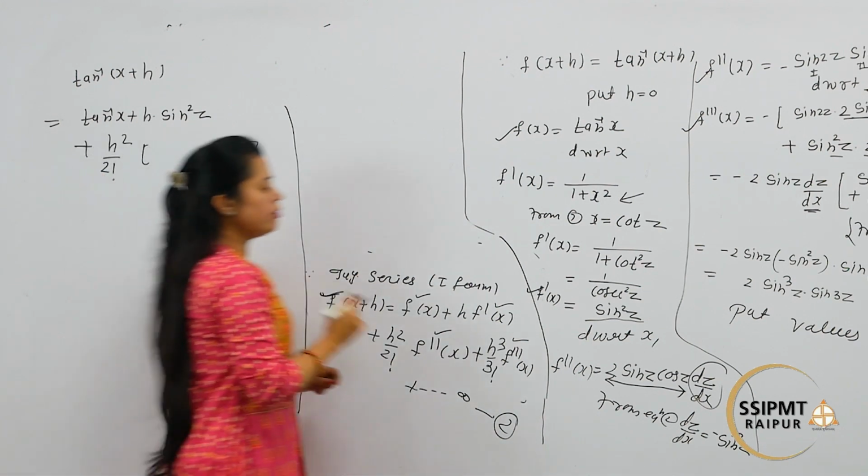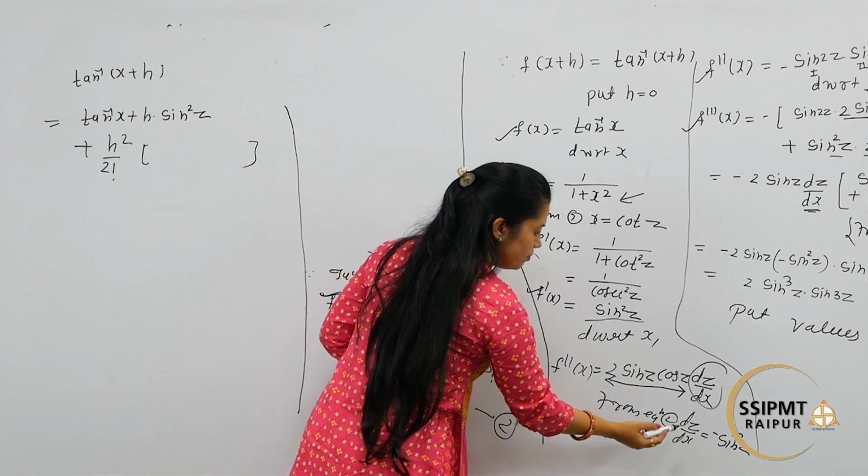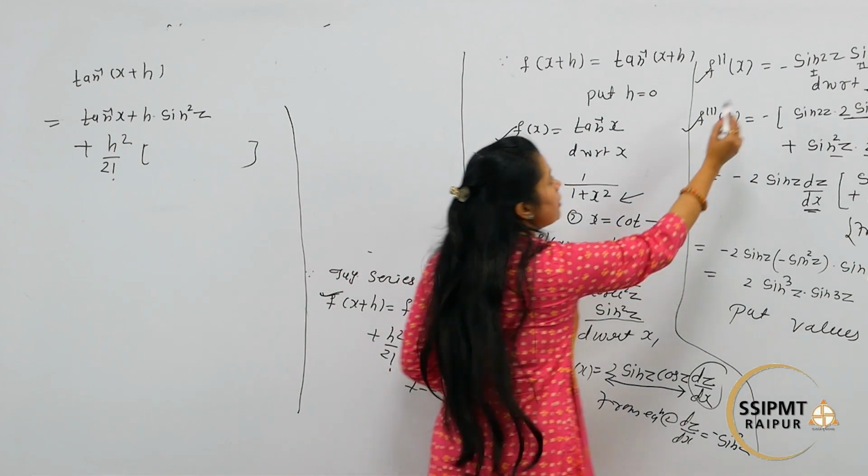We have calculated f double dash x and it is equal to here.